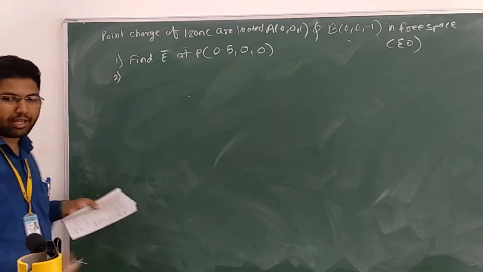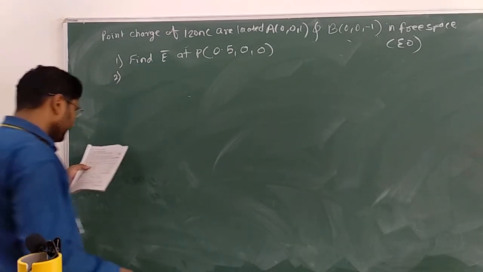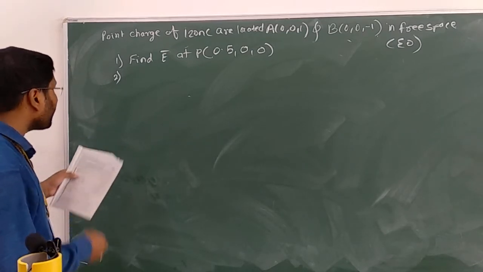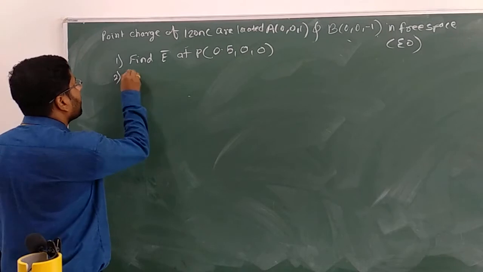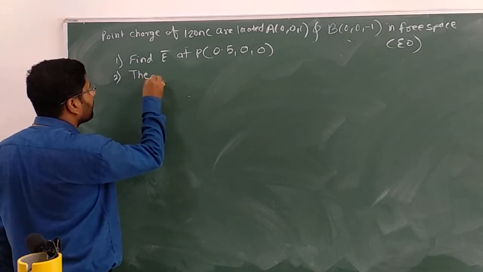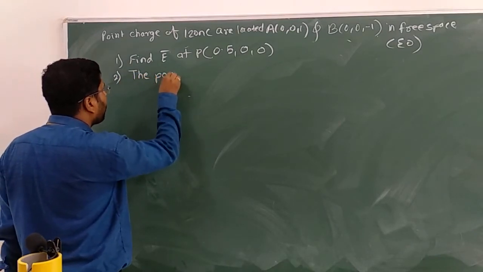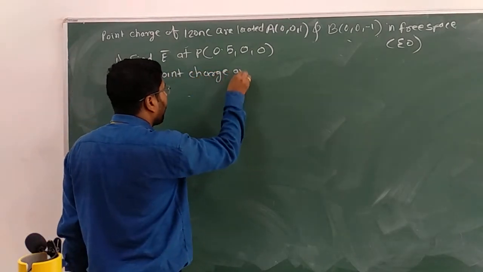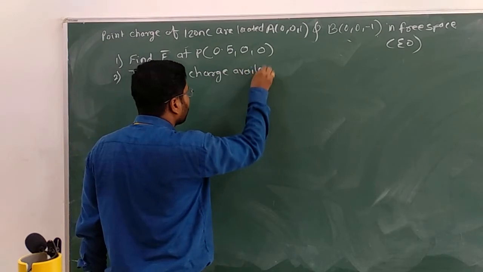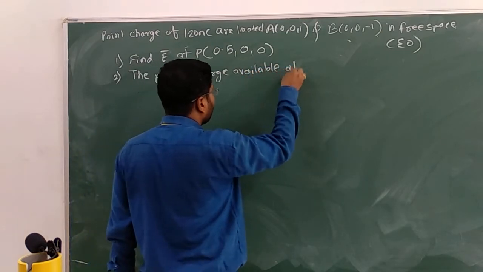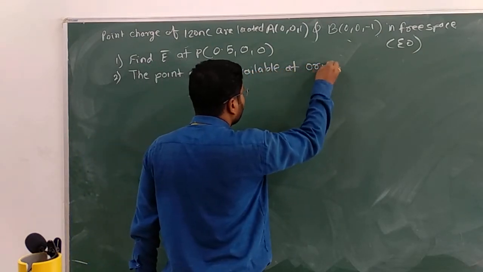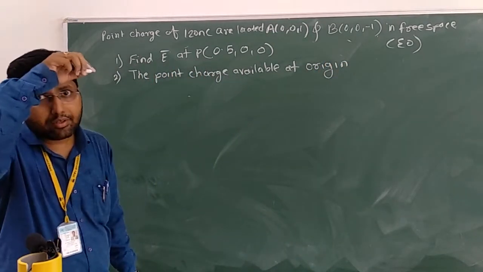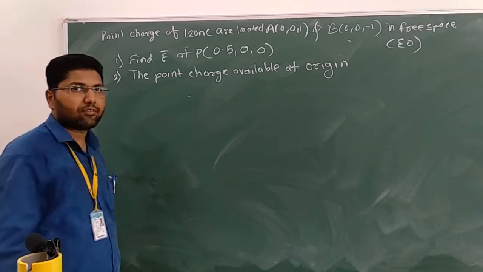So we will take that problem afterwards. Otherwise we will take the same problem. Suppose a point charge is available at the origin, and from that point we have to find the electric field intensity.